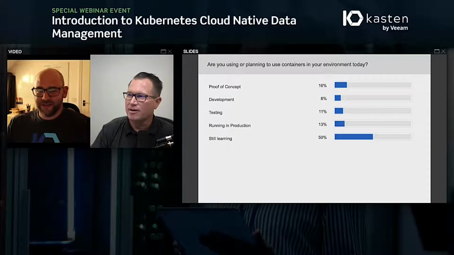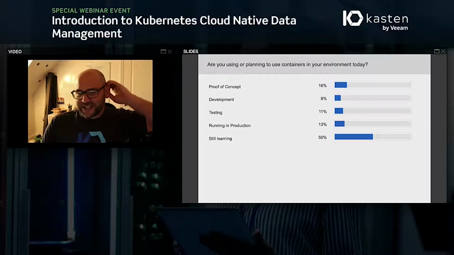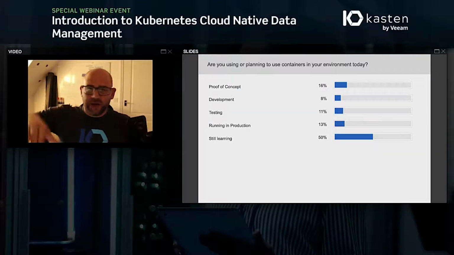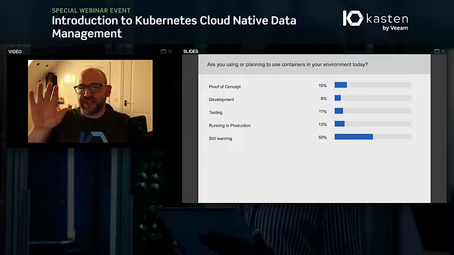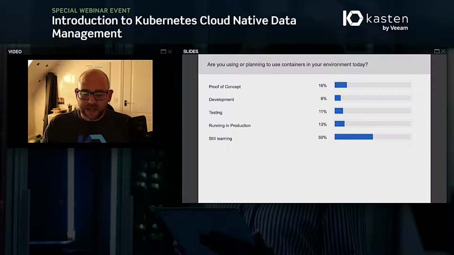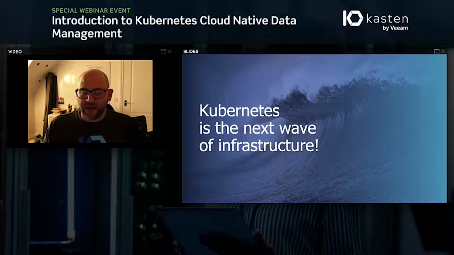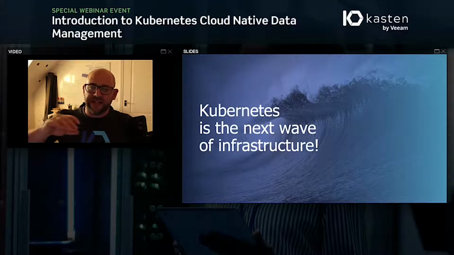Excellent. So how do you orchestrate these containers, Michael? Yeah, so that's the next part. Again, we're not going to go deep into it. I just want to touch on some of the terminology and concepts of Kubernetes. We'll get into the building blocks, but before we do that, I think it's quite easy to say that Kubernetes is the next wave of infrastructure.